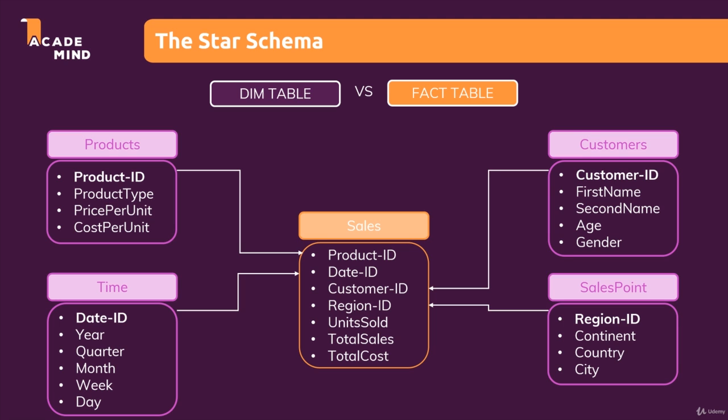Because if you would store all the customers, products, time, and sales point related information in this one table in the center, well, this would bloat this table and make working with our data not very convenient. Now, as I said, I don't want to dive too deep into the star schema here, but the question you might ask yourself is, what does this have to do with our current project structure?